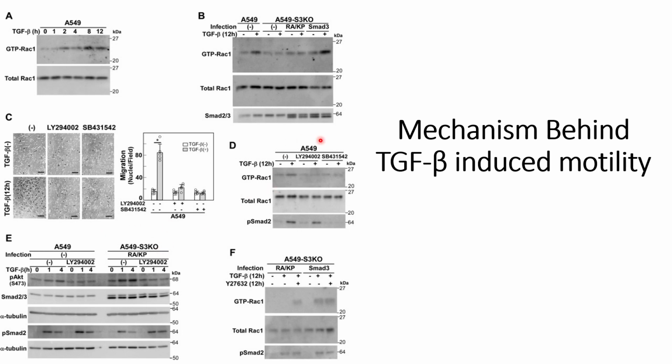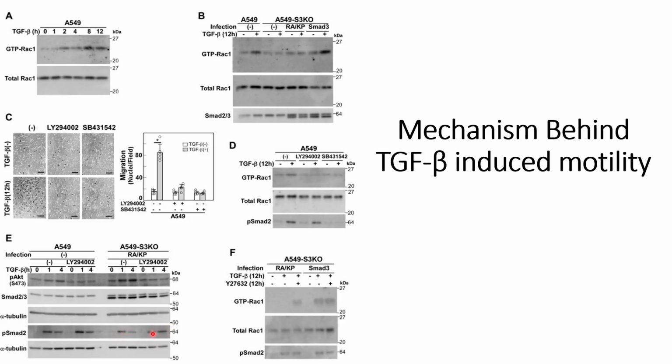Now, these experiments were done on the A549 cell lines. They did similar experiments on the SMAD3 knockout cell lines infected with the mutated SMAD3, and in that case they wanted to check whether the SMAD3 pathways get disrupted in these mutated cell lines or not. They can see that in TGF-beta induced conditions, the phosphorylated SMAD2 is present at 1 hour, but it is downregulated after 4 hours.